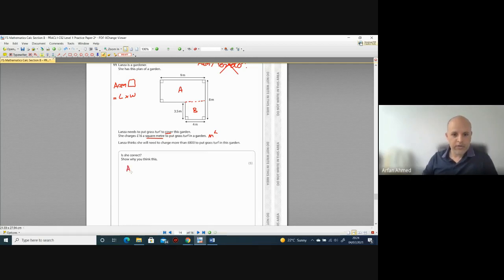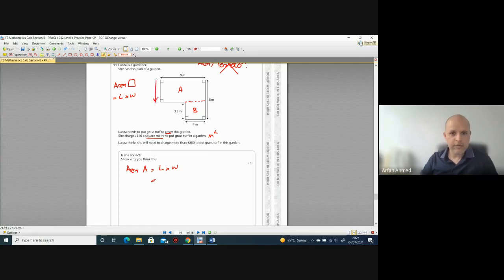Let's work out area A first, which is length times width. You only need one length, one width. So I've got 9. I'm going to need that width there, from there to there. A bit fiddly this.